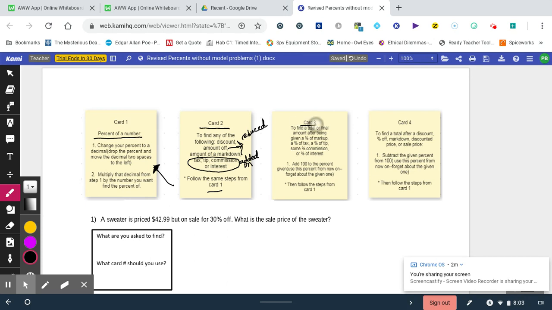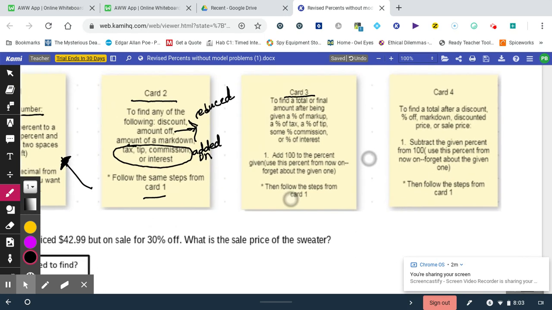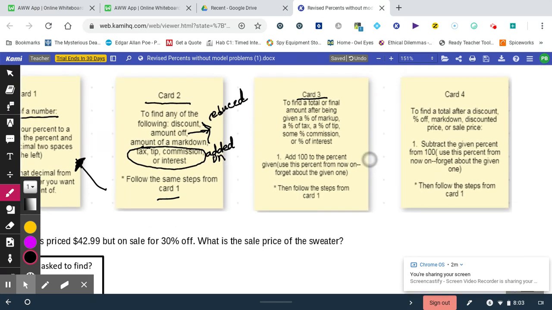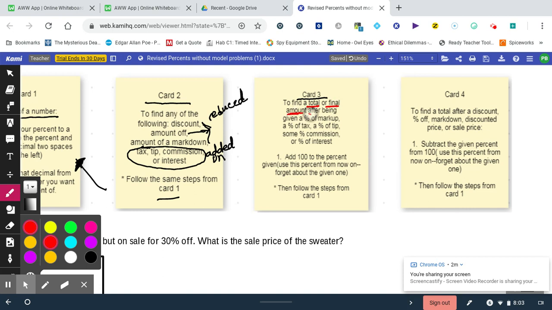All right, let's take a look at card 3. I know this is tiny writing, but bear with me. So if you take a look at card 3, to find, keyword, I'm going to underline it, a total or some final amount after being given a percent of markup or a percent of tax or a percent of tip or some percent commission or some percent interest.